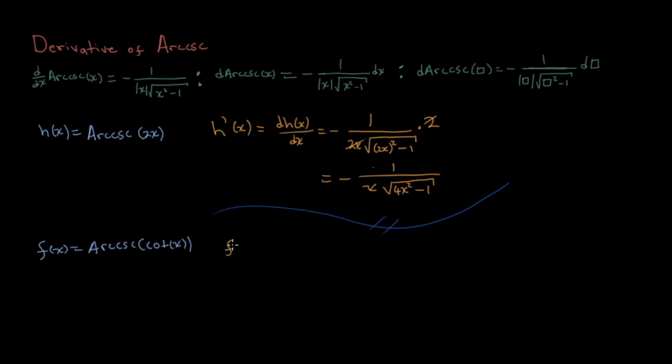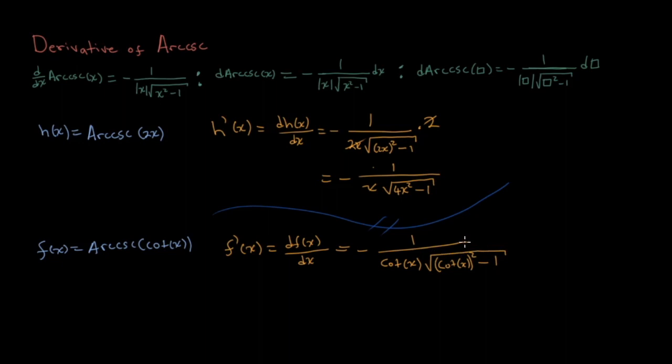So we'll say f prime of x, which we can also write in Leibniz notation as df of x by dx, is equal to negative 1 over the absolute value of that argument, which is just cotangent x, times the square root of cotangent x, and we'll square this cotangent, minus 1.